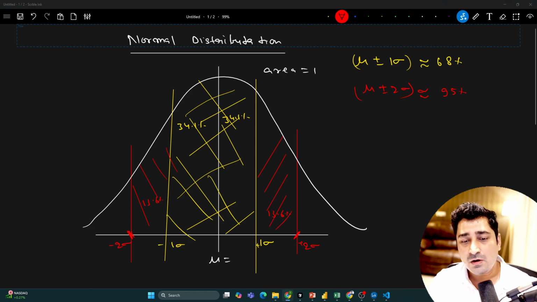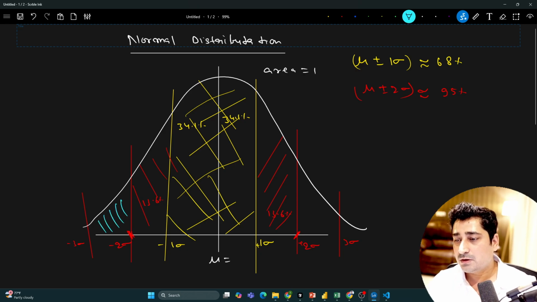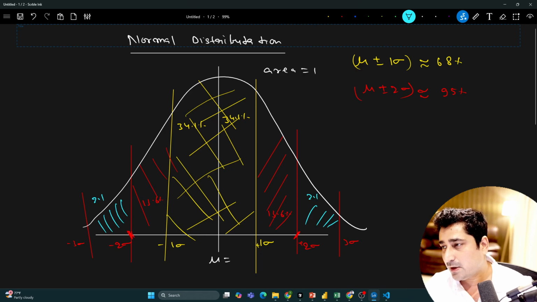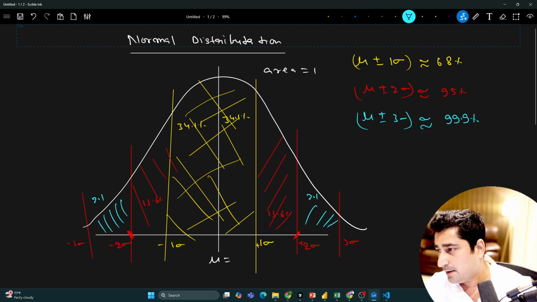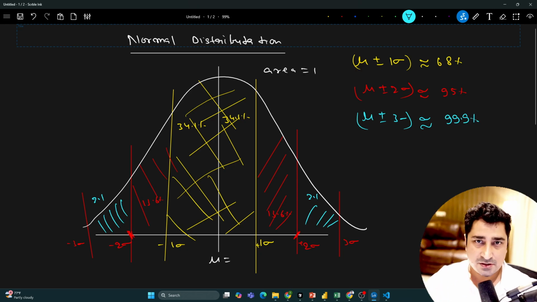Now, there is a three standard deviation concept. Under three standard deviations, positive on this side and negative on this side, it additionally holds 2.1% in this region and 2.1% in this region. So I can claim that under three standard deviations, approximately it holds 99.7% of the data, if my data set is normally distributed, if my data set forms a bell-shaped curve, equally distributed.